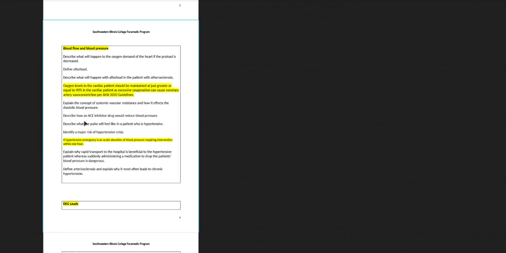When you have decreased blood flow to your kidneys, the kidneys notice this, and they convert prorenin into renin. Prorenin is just in your blood anyway, waiting for this to happen.